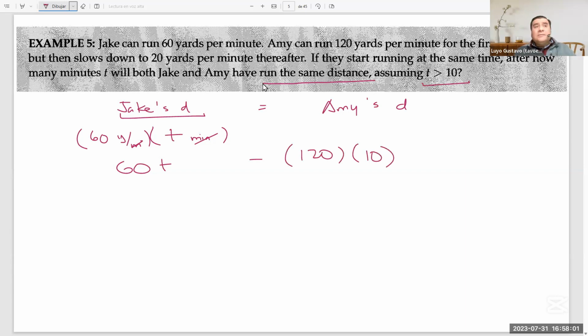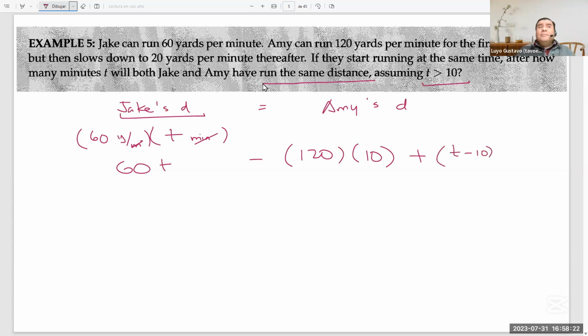Speed multiplied by time equals distance, right? So this is the initial distance run by Amy in the first 10 minutes. What would be the rest of the time after the initial 10 minutes? It would be T minus 10.